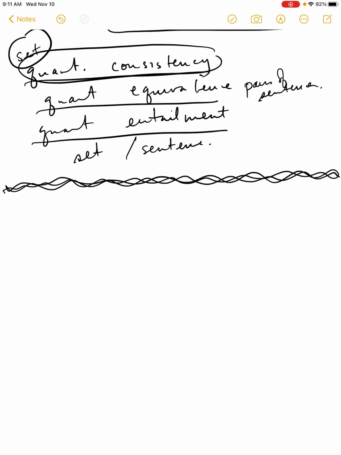To establish inconsistency, you would have to show that no interpretation could possibly make all the members of the set true. That would involve a little meta-theoretical argument. To show that 2 sentences are equivalent, again, you'd need a meta-theoretical argument. To show that they're not equivalent, you would need one interpretation that makes one true and one false. Okay?